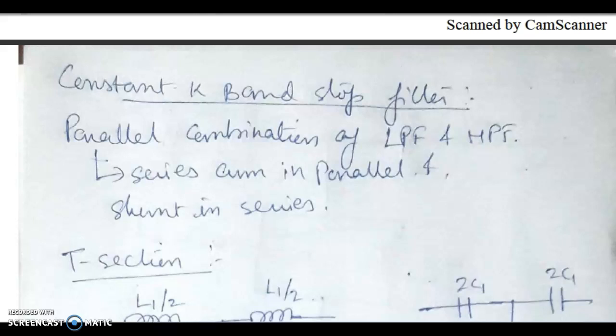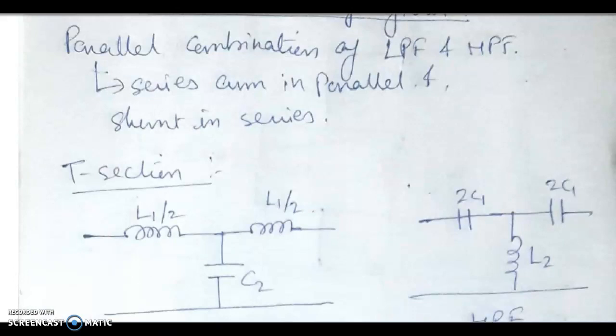Now because two cutoff frequencies are there, that means center frequency or resonant frequency F0 can be defined in case of band stop also. So similar to the band pass filter, two configurations are there, T section and pi section. Usually we say that the band stop filter is the parallel combination of low pass filter and high pass filter.